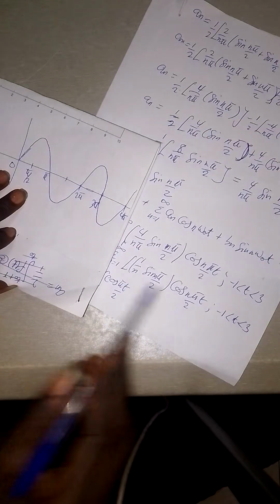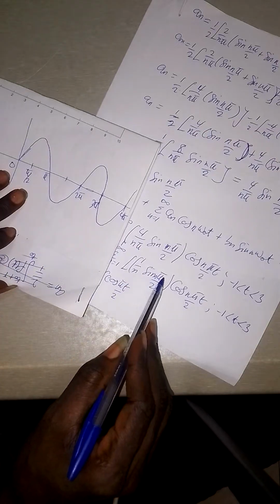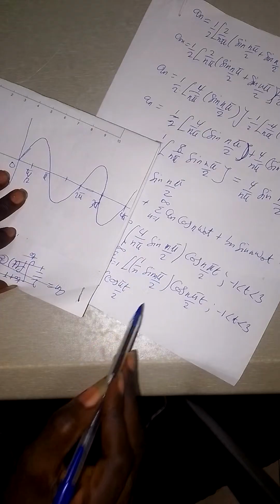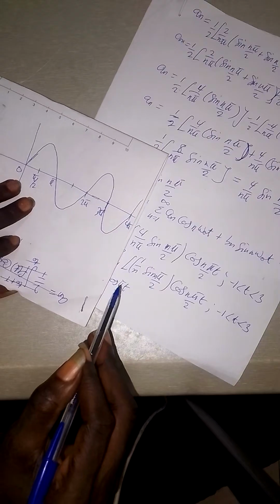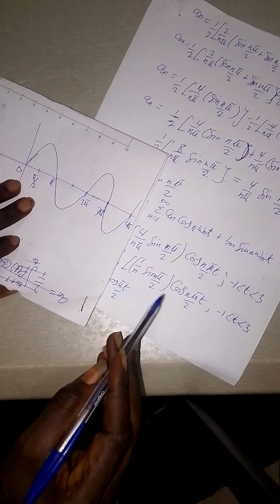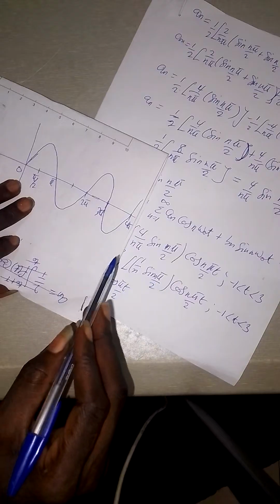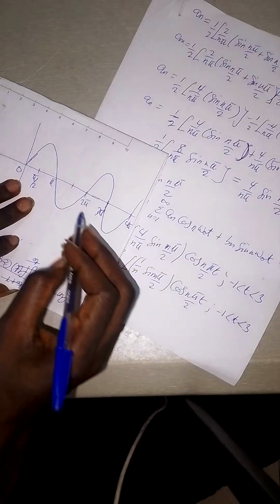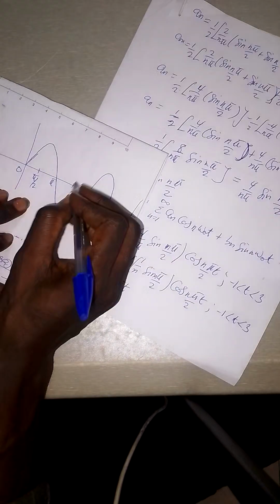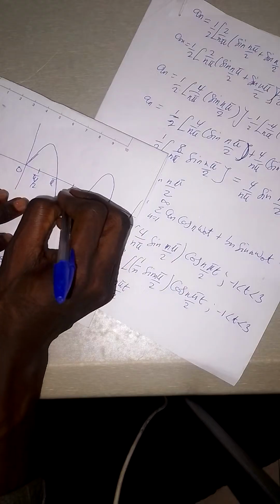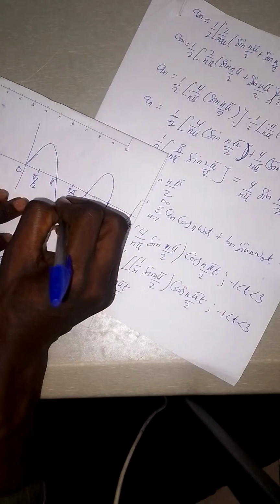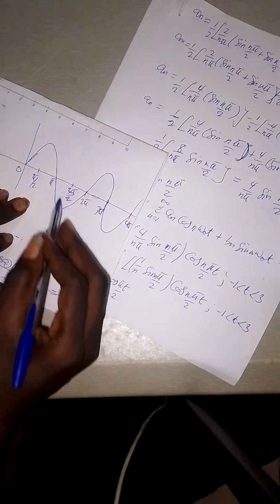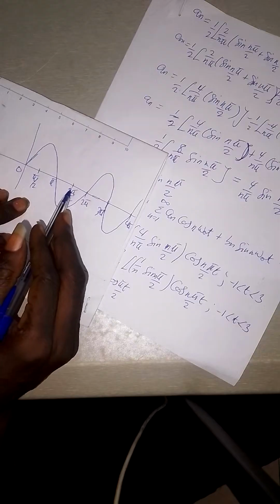So now let's put in 3. If we put in 3, we are going to have sine 3 pi on 2. 3 pi on 2 will be here, because if here is half, here is 1, here is 1.5.